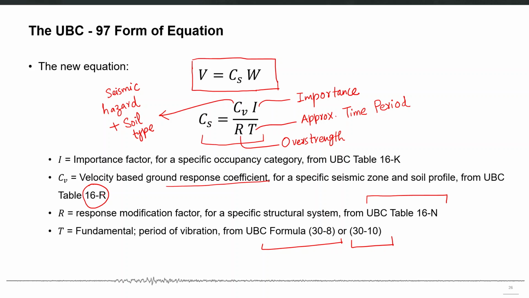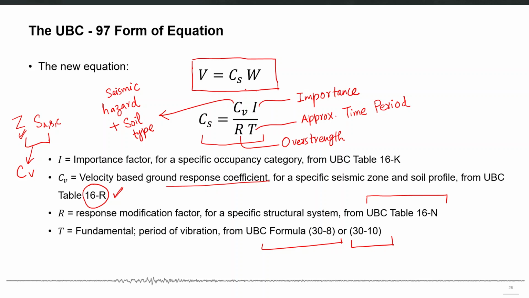So the concept of zone will still be here, but instead of having the Z factor directly in the equation, we will use this Z factor along with the soil type S A, B or C to come up with the CV factor, which will be used in the base shear formula, and that will be in table 16R of UBC 97.